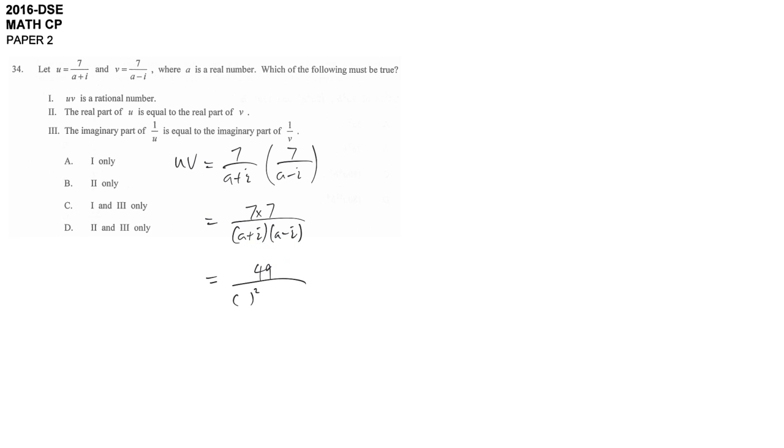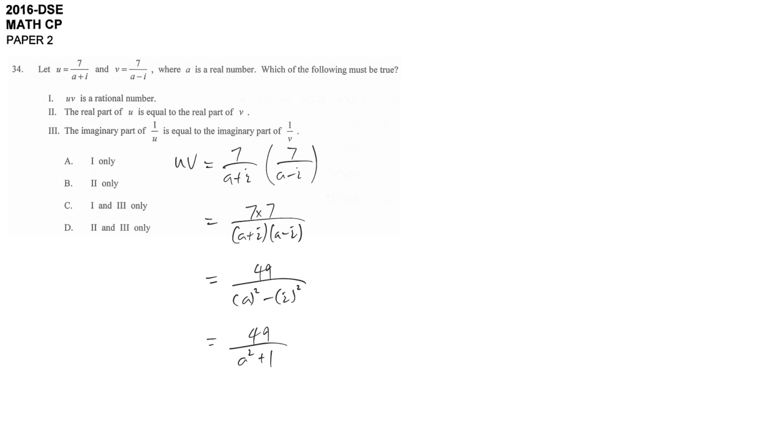It gives you something squared minus something squared, which is A squared and I squared. But I squared means -1. So we have A squared plus 1 here. In this term, there is no imaginary part. We have no I in this expression. It has become an integer already.